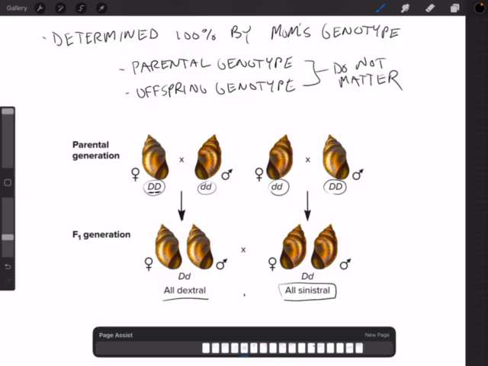And this one, the sinistral, had a mom with the recessive d allele. Does that make sense? So the nurse cells, in this case, are able to put that dominant D allele into the egg. That leads to this type of snail shell coiling. Whereas this mom had the recessive allele only. Therefore, during early cell divisions, they ended up having a sinistral snail shell coiling instead. Okay. We can take that a step further.